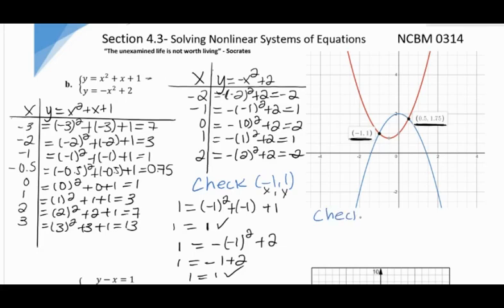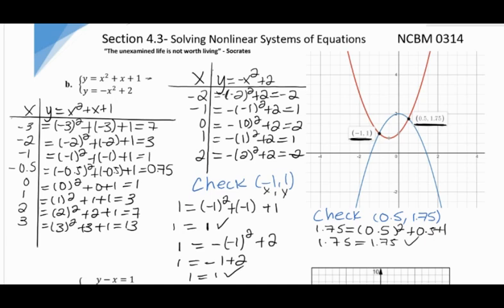Let's check the other point, which is 0.5 comma 1.75. So on our first equation, we're going to have 1.75 equals 0.5 squared plus 0.5 plus 1. When we plug that in the calculator, it's actually 1.75, so it works.